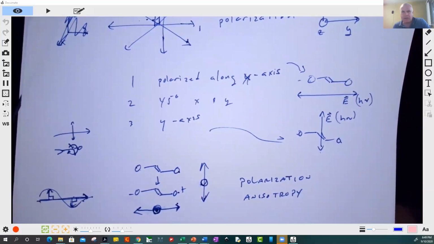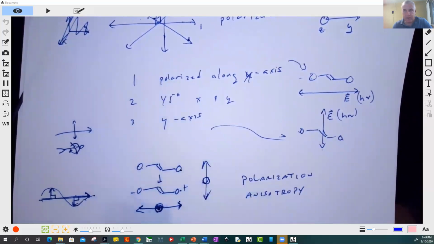And so basically what I've done is define the three possibilities for polarization of this photon. Either it's going to be going up and down, left and right, up and down into the plane, left and right into the plane, or up and down in the plane.